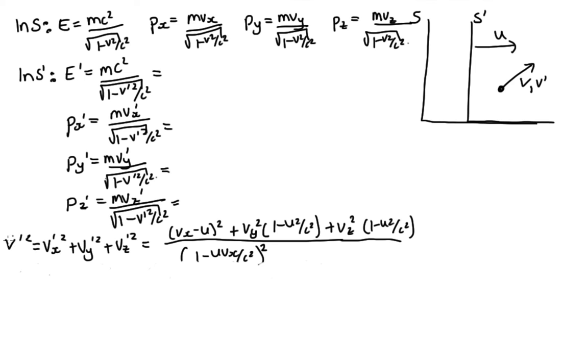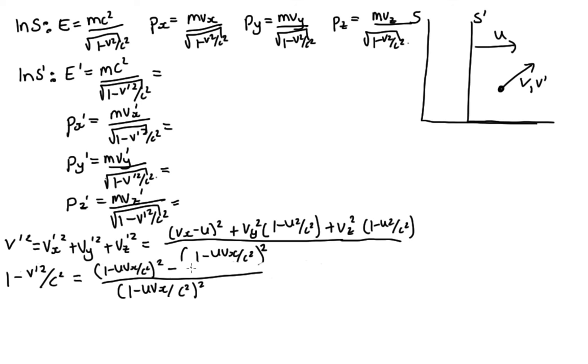Okay, so to substitute this into here, we're going to need an expression for 1 minus v prime squared over c squared. So we need to do 1 minus this and then divide this thing by c squared. Let's still give it a common denominator, so let's still put this 1 minus u vx on c squared term down the bottom, and then to get this 1 we'll have 1 minus u vx on c squared, squared, and then we need to minus this v prime squared and divide it by c squared in the process.